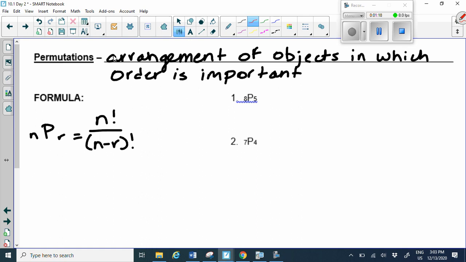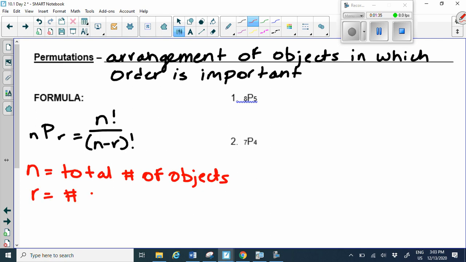Okay, so as I said, N is the total number of objects. P, of course, is permutation, and then R is the number you choose, so how many of those things you want to choose.